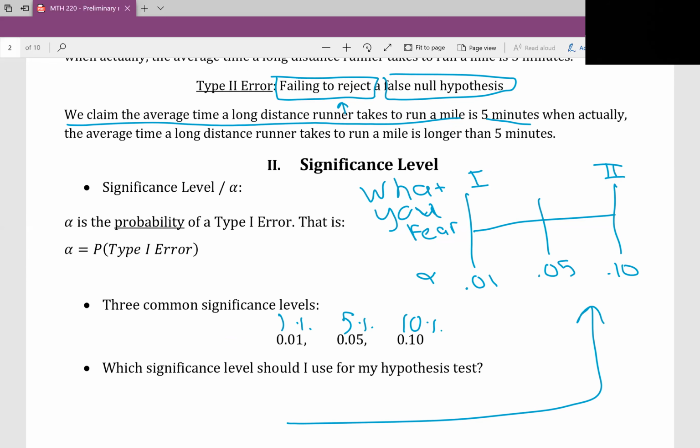How you're going to read this chart is that if what you fear is a type 1 error, then you're going to go with a lower significance level, 0.01. If what you fear is a type 2 error, you're going to go with a significance level of 0.10, a slightly higher one. Now, if you think both of these errors are equal in severity, that's when you go with the middle option of 0.05.